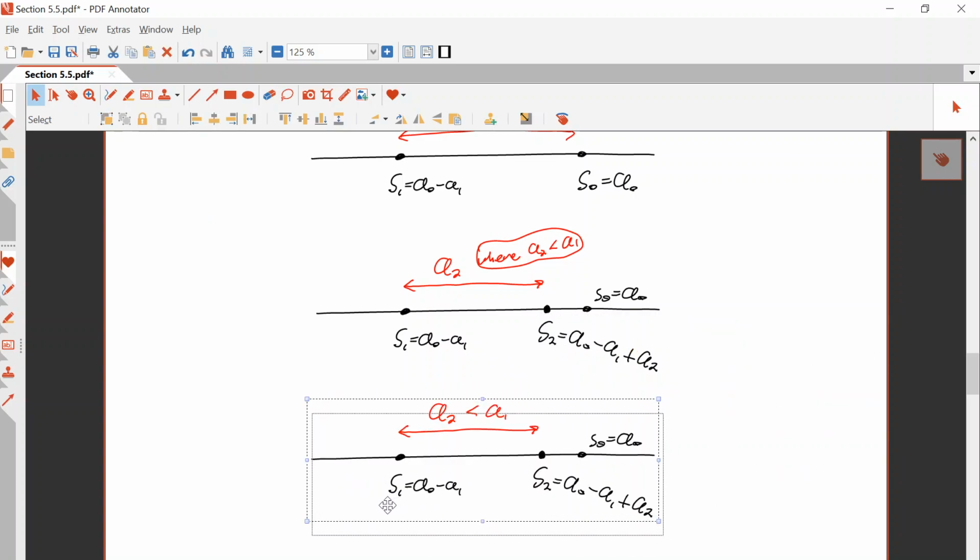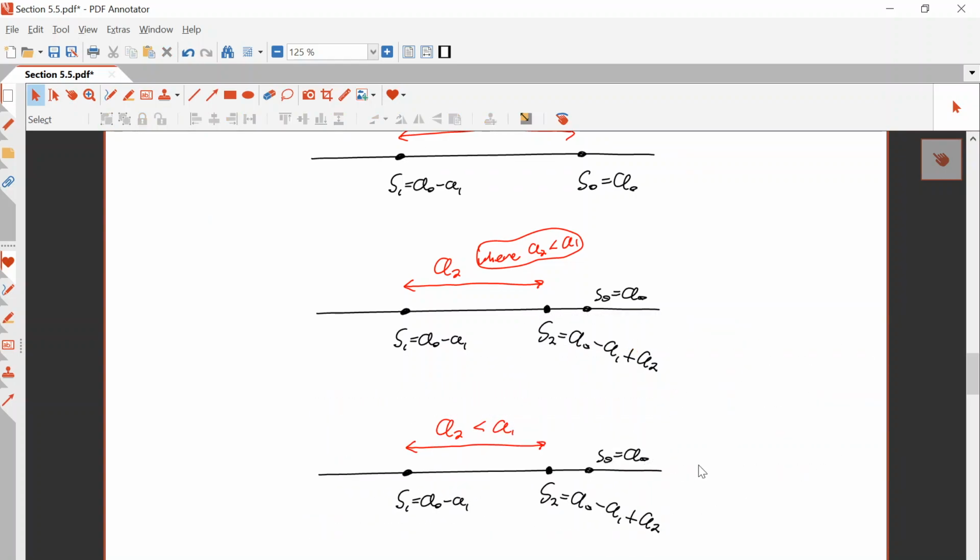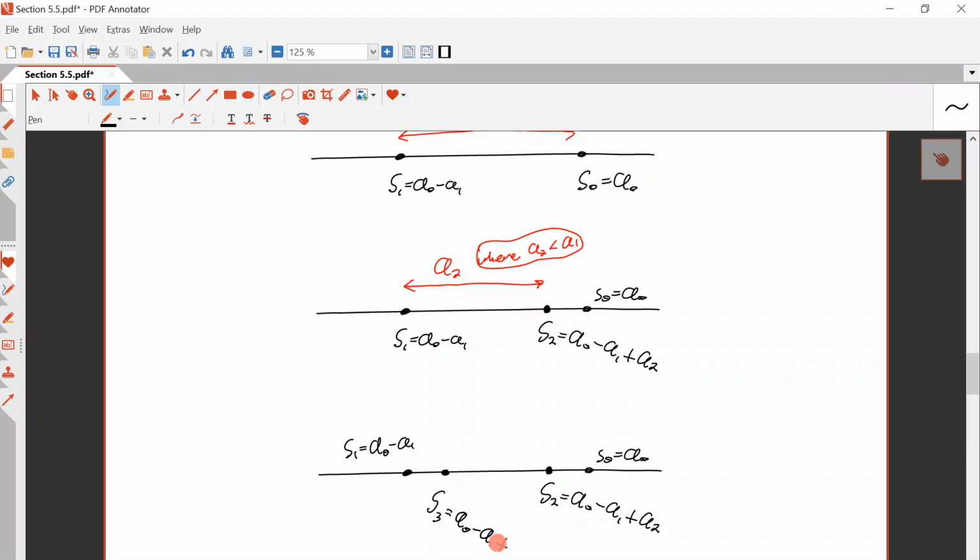Third partial sum, S3. S1 is equal to A0 minus A1. And then S3, well, it's got to be here. S3 is equal to A0 minus A1 plus A2 minus A3.